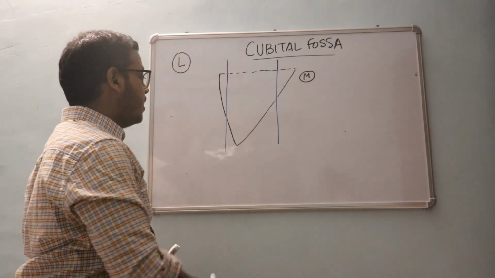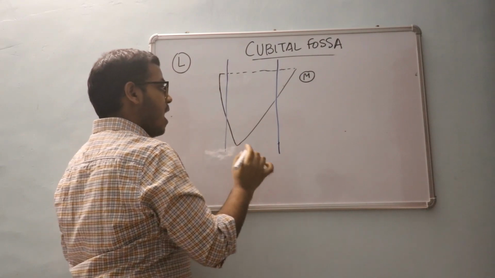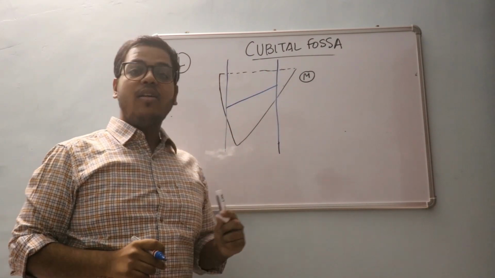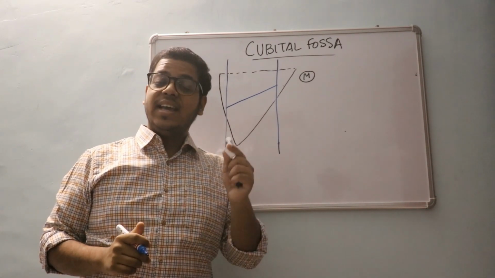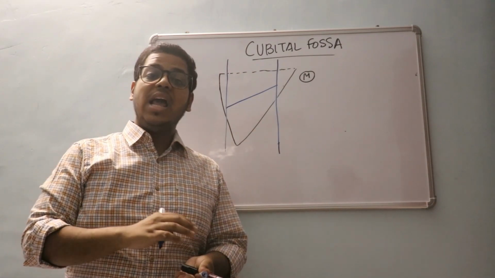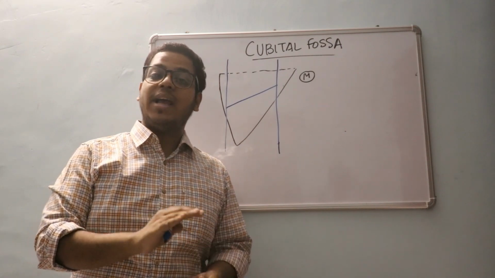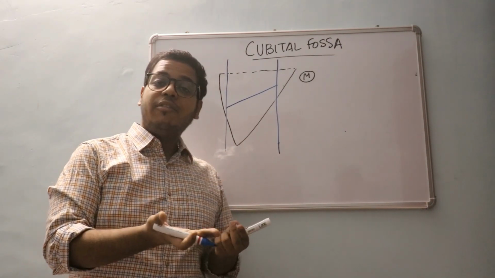Okay, so we have the cephalic vein and the basilic vein, and these two veins are connected by another vein which is known as the median cubital vein. The median cubital vein lies upon the bicipital aponeurosis, the aponeurosis formed by the biceps tendon, and that is why it is supported from beneath.